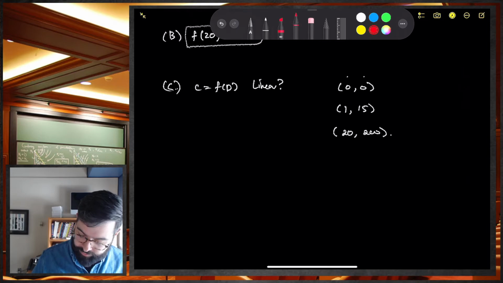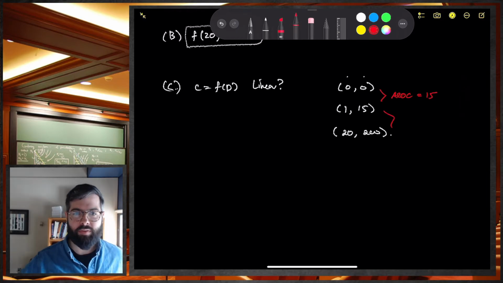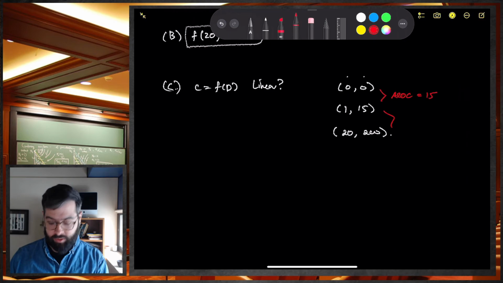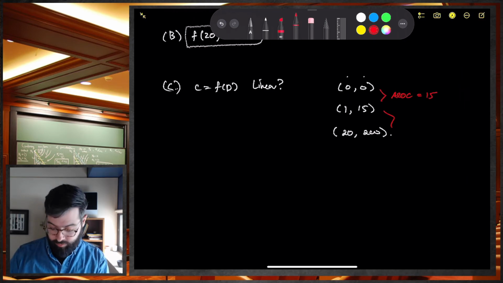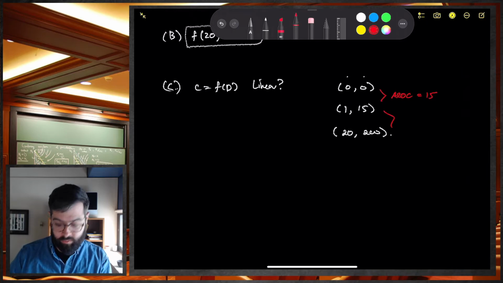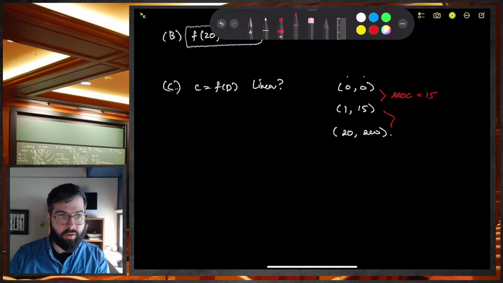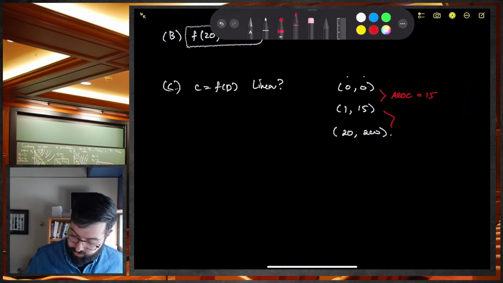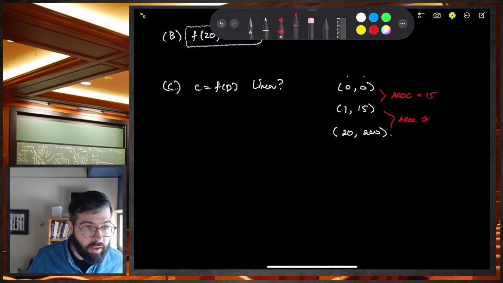So if we look at all of these, we see here there's an average rate of change of 15 over 1. And then here, from here to here, it's not 15. Let's go ahead and calculate that real quick. So this would be 200 minus 15 all over 19, which is around 9.736.